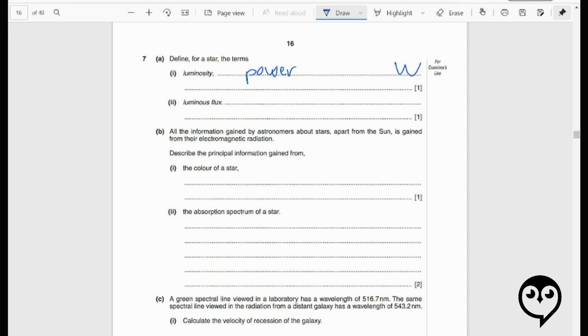Luminous flux, well, the word flux actually just means flow. It's how much of this power is flowing through a certain area. If you think about magnetic flux, we're talking the flux density. We're talking about how much of the magnetic field lines are going through a certain area. It's the same thing with luminous flux, except in the case of a star, we are looking at a certain surface area determined by the radius, determined by the distance that we are measuring from that particular star.